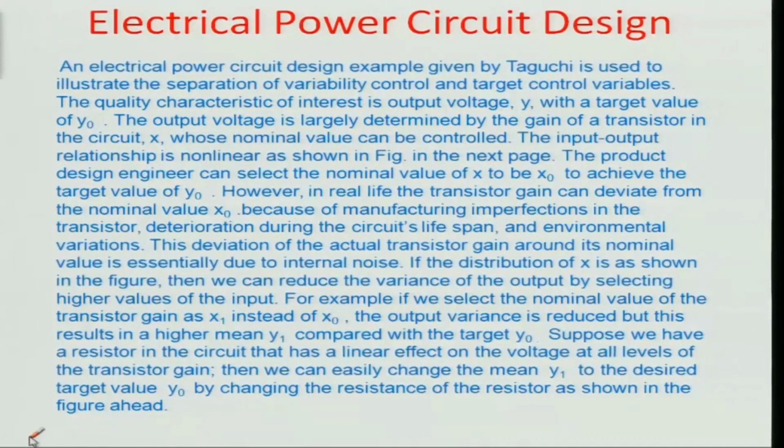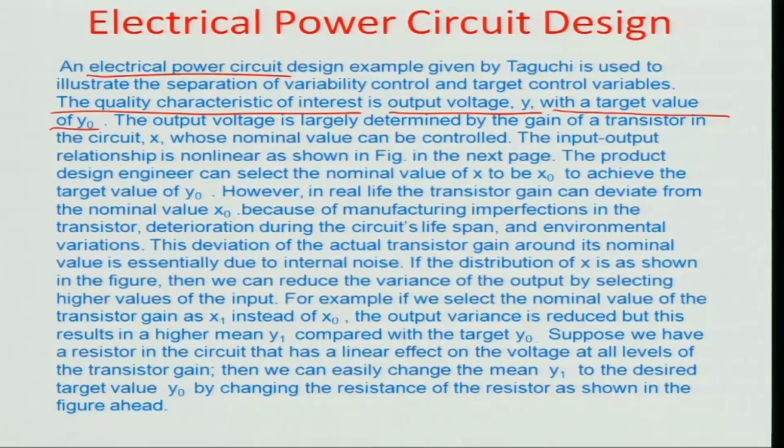Let us say there is an electrical power circuit that you are designing in this particular case. If you look at the quality characteristic of interest, this circuit gives an output voltage Y with the target value, let us say, of Y0.